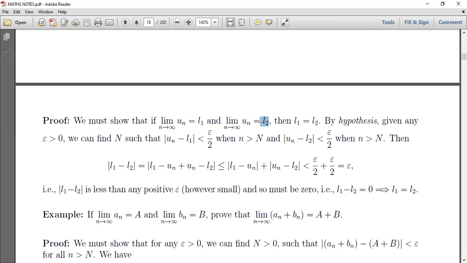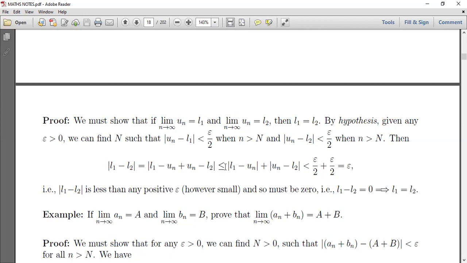Then we want to prove that if that's the case, then L1 should be equal to L2, which shows that the limit is unique. If we are not able to show that L1 is equal to L2, then it is not unique. But in this case, since our sequence is the same un, as n approaches infinity, the limit of this sequence should be unique, which means L1 should be equal to L2.